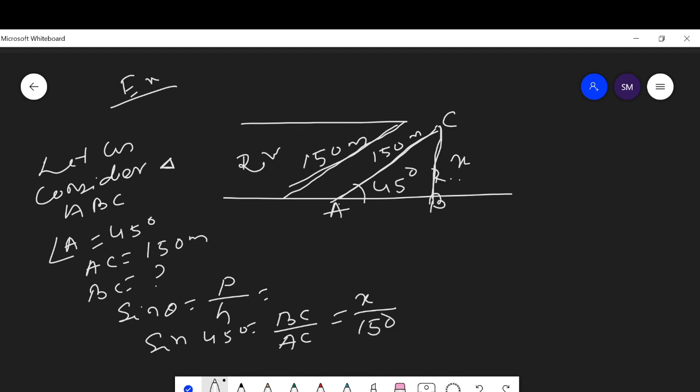As you know, sine 45 degree is equal to 1 upon root 2, which implies that x is equal to 150 upon root 2, which is equal to 75 root 2 meter. The width of the river is 75 root 2 meter.